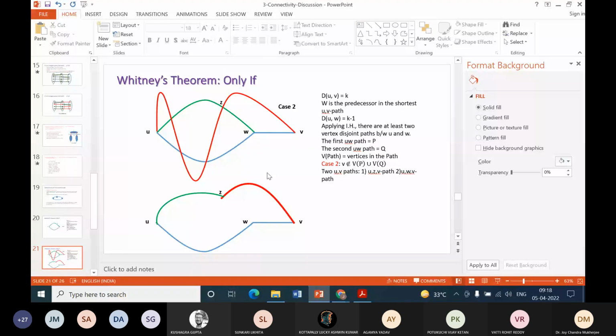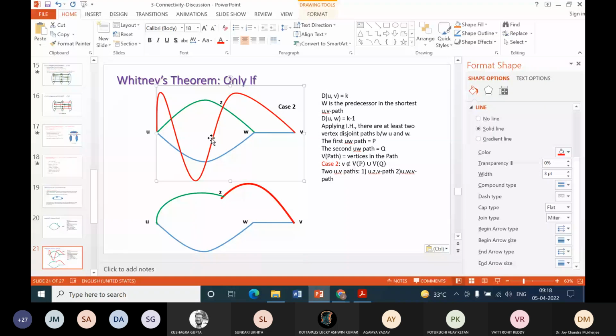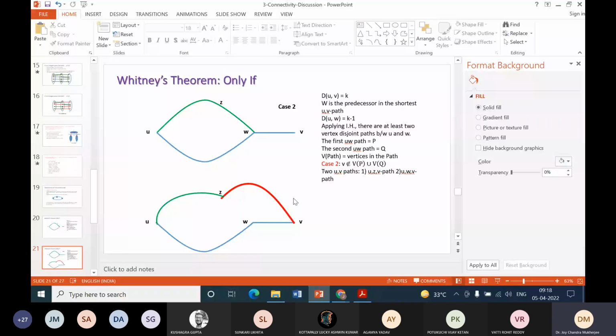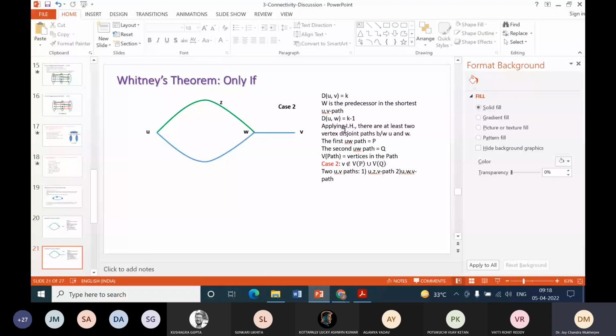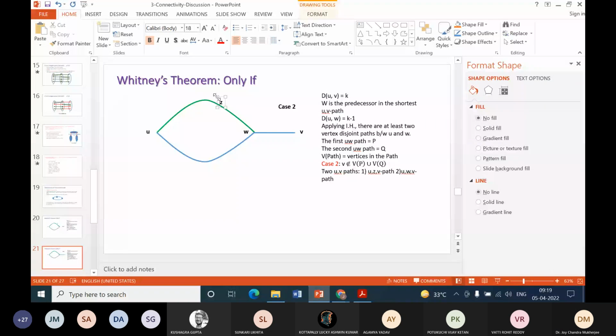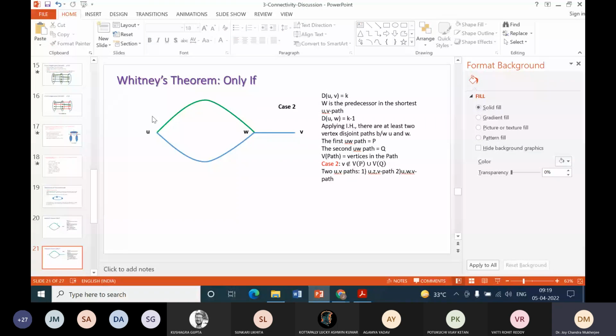Okay, so then what I am trying to say here, there are 2 vertex disjoint paths UW, but this is P and this is Q. Now V doesn't belong to any one of these paths.